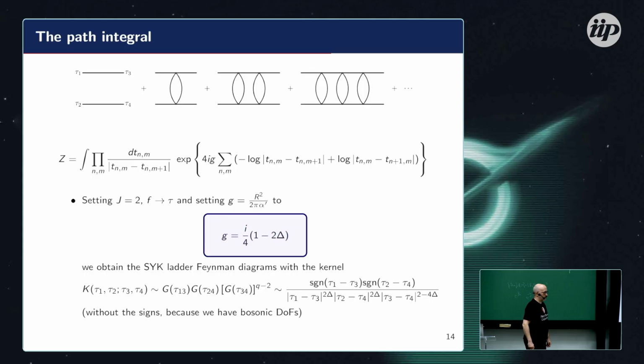Because you usually think about these ladders as somehow associated with gravity back reaction, not as an additional gauge field. I mean, we are on a rigid AdS2, strictly at the conformal point. So gravity does not show up in this talk.